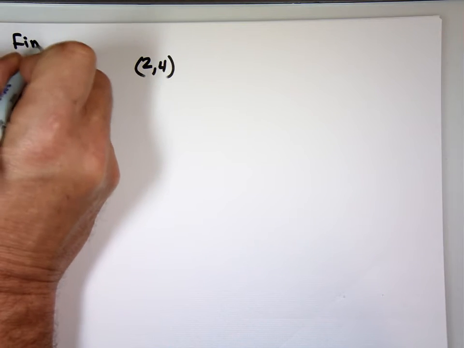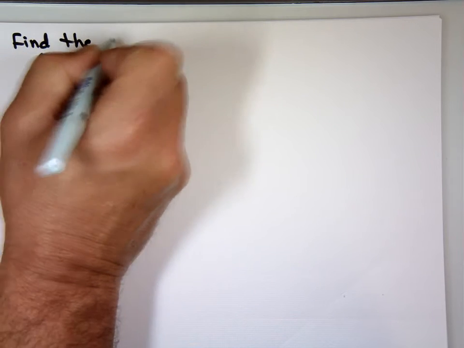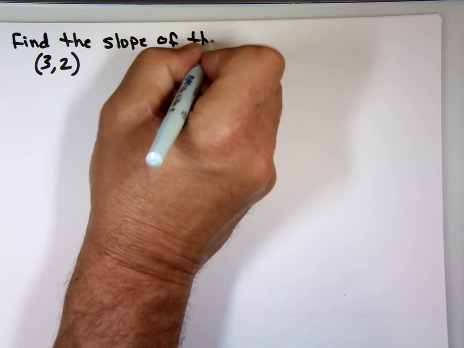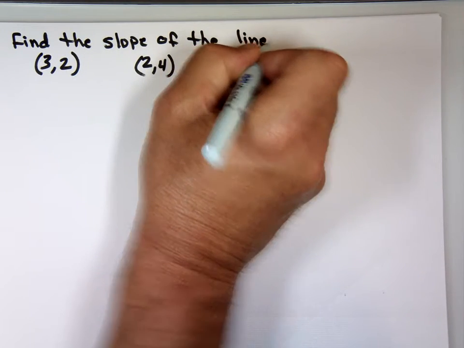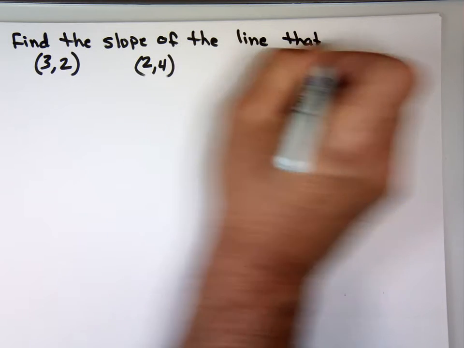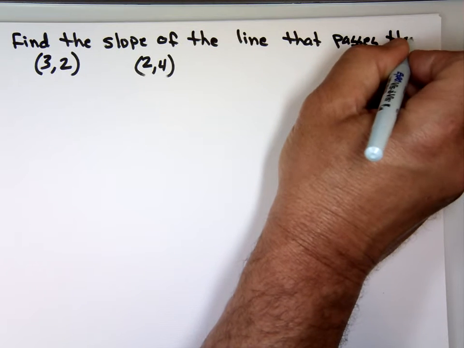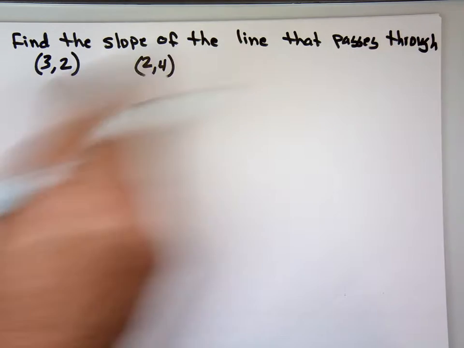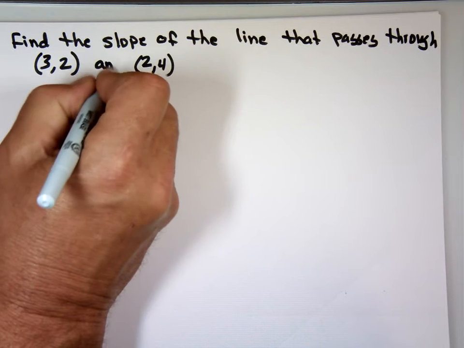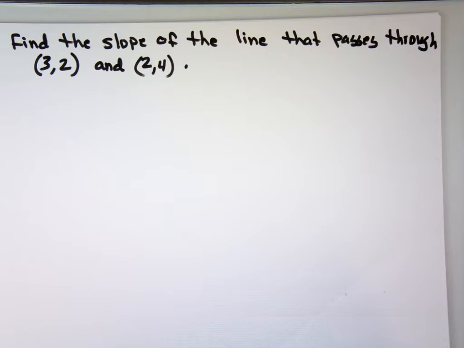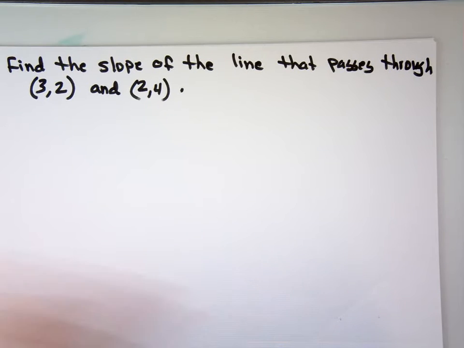Find the slope of the line that passes through 3 and 2, and 2 and 4.